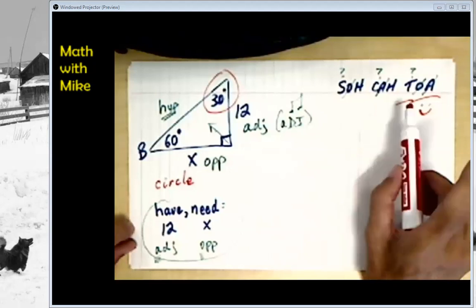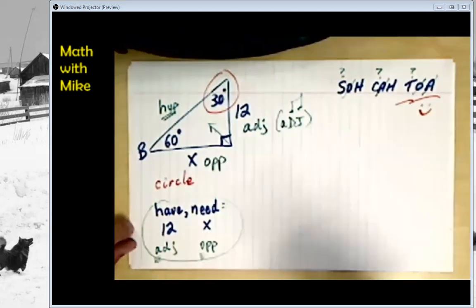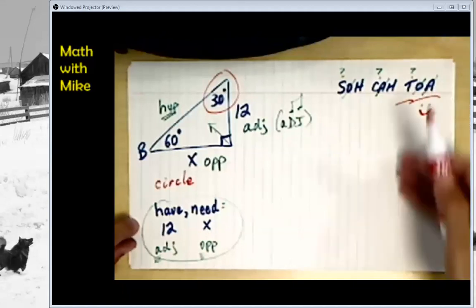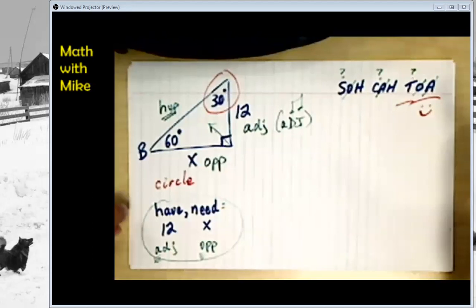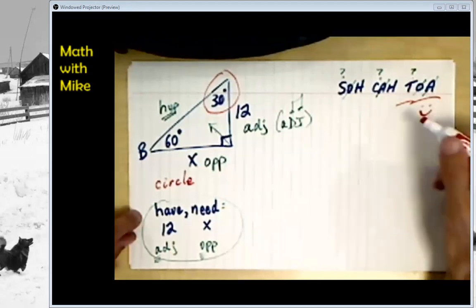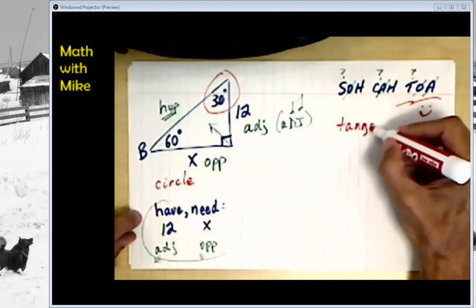No. So this step is the same for all of them, even if we're doing the second. The second comes later. That's the algebra part. T is for tangent. That's the word for it. And we always just say tan.